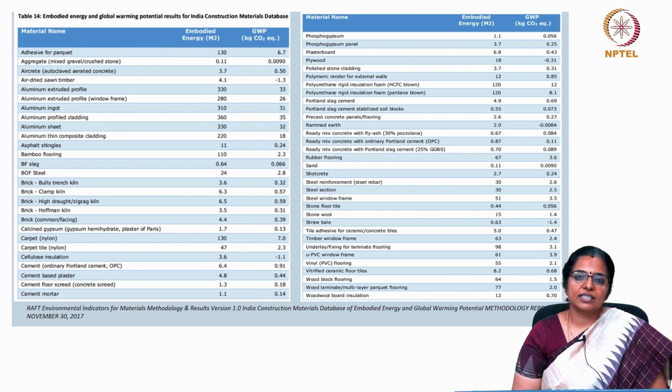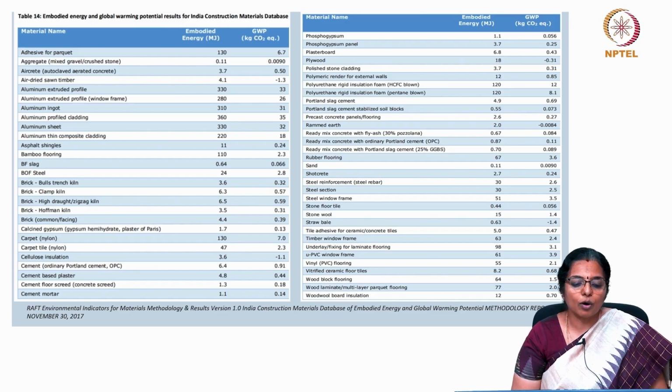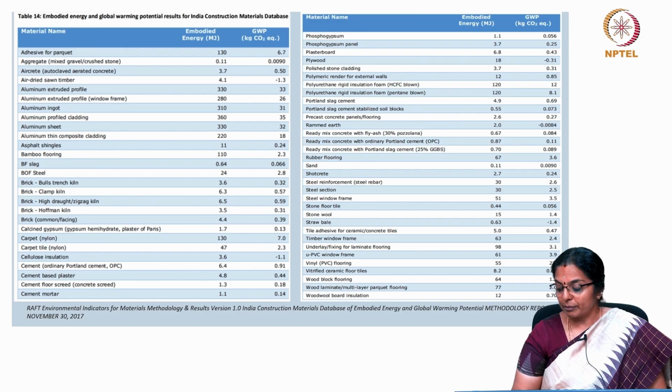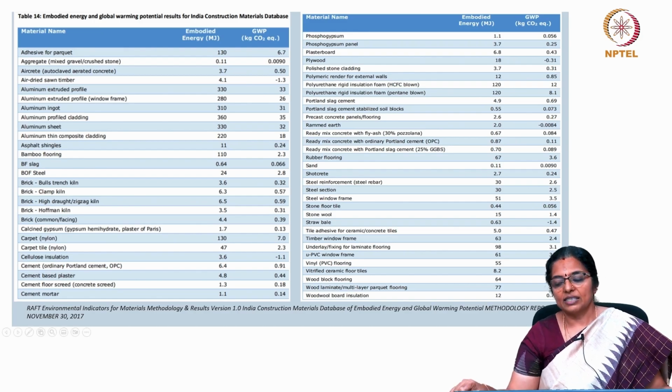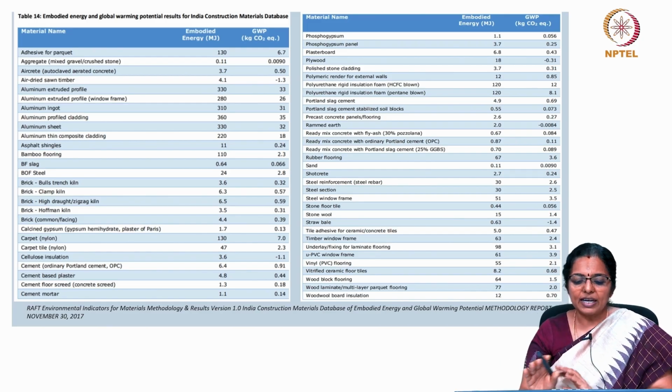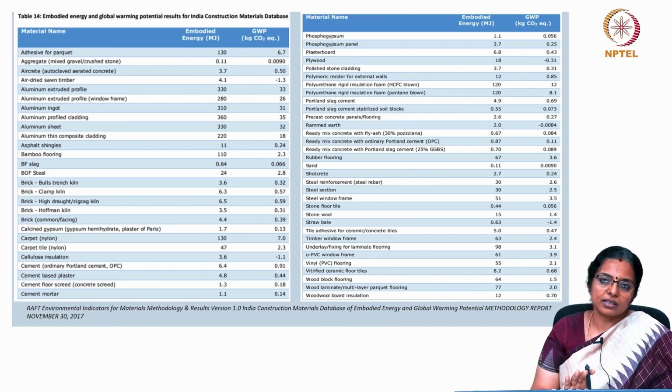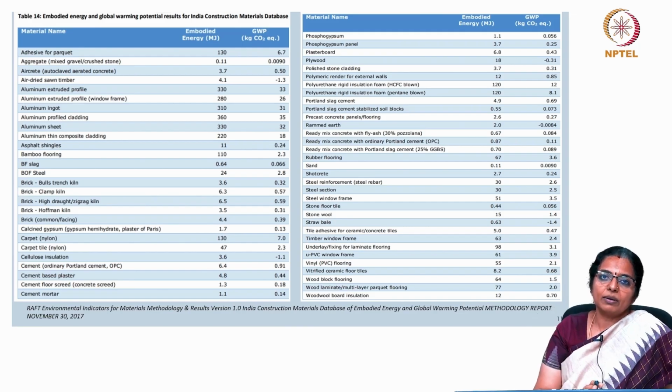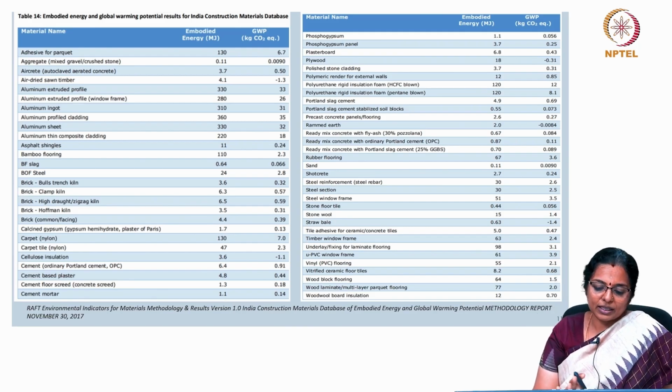Based on these extrapolations, the embodied energy and global warming potential results for Indian construction materials database is being evolved. Having come to this, if there is a better way of working this out, then this will be replaced with those data.